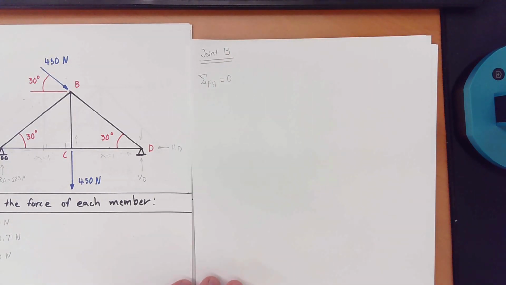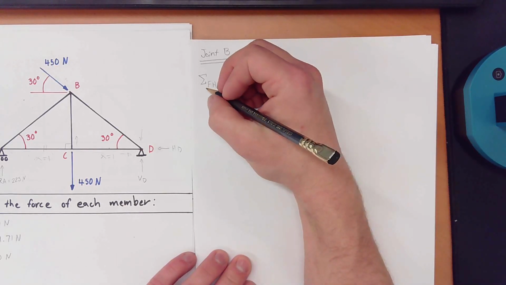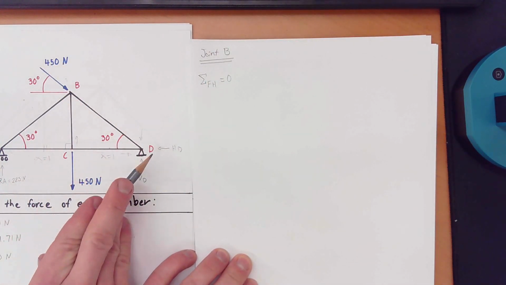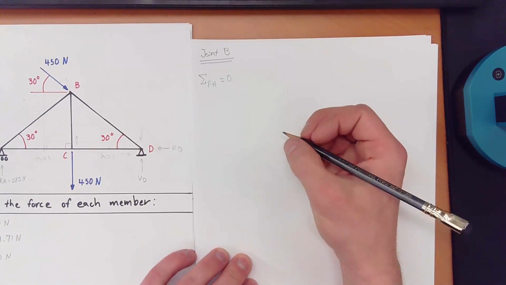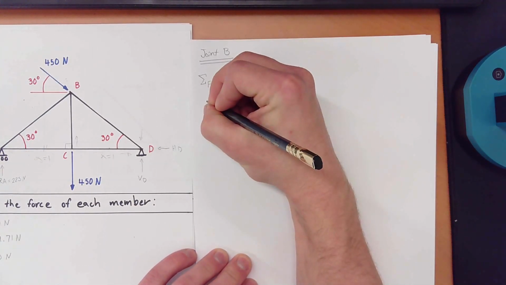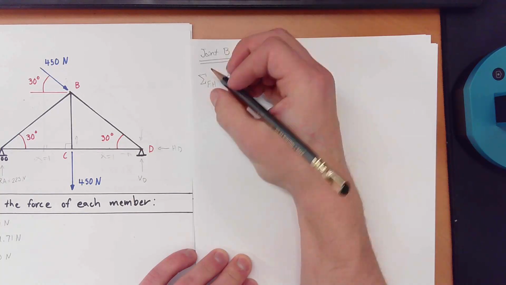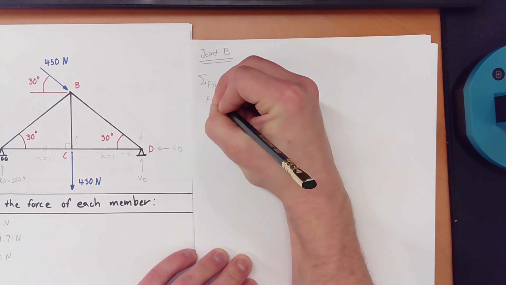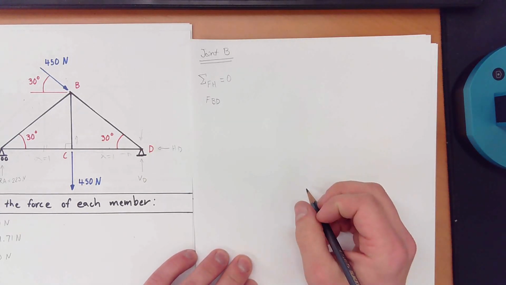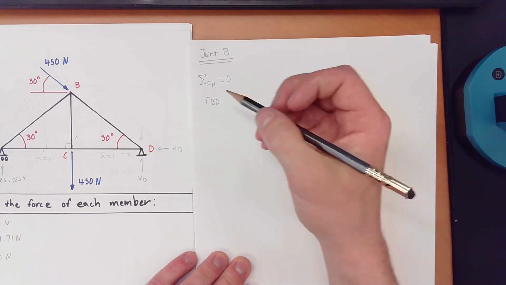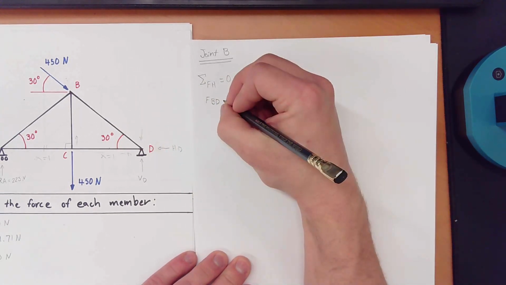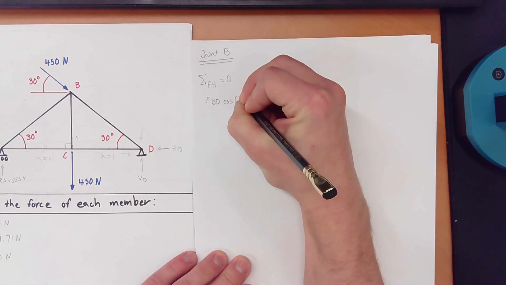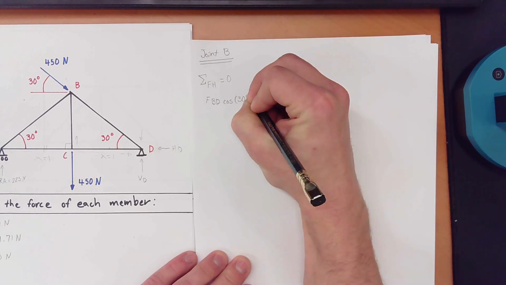And we are trying to figure out, first, BD. So the forces acting in BD, we need to multiply by the cosine of 30 degrees.